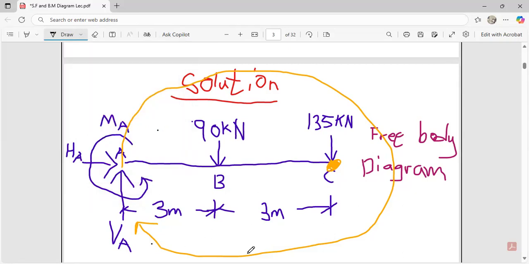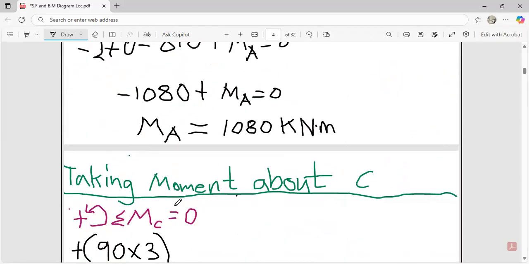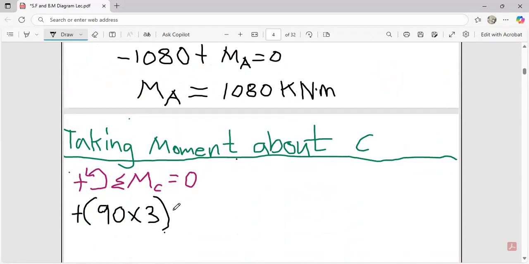So in this case, it's going to be VA times 6. But because it is taking a clockwise moment, it affects it to become negative. Okay. So we are going to write minus VA times 6. Good.